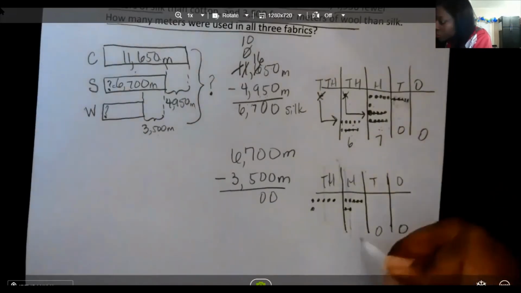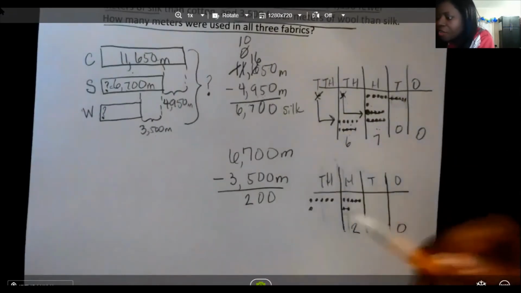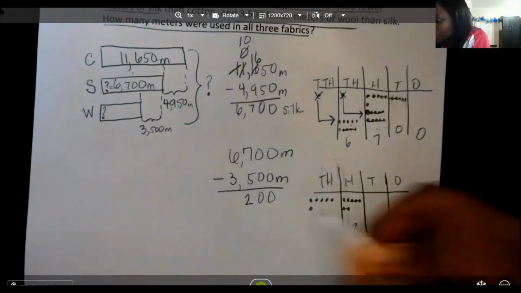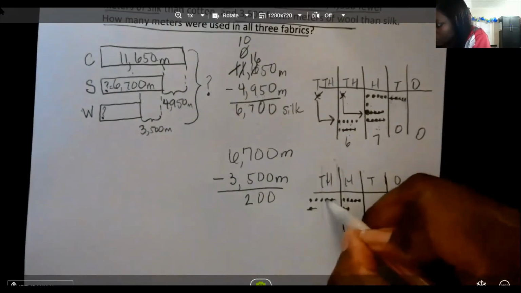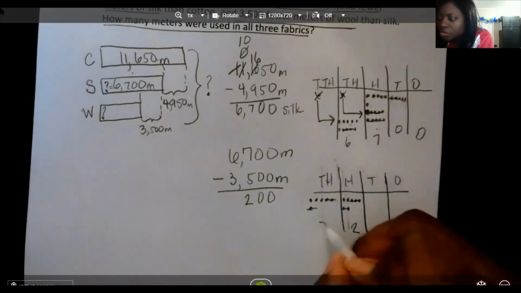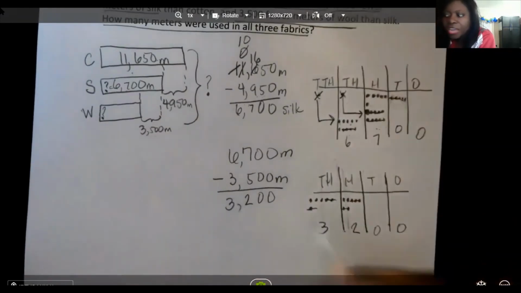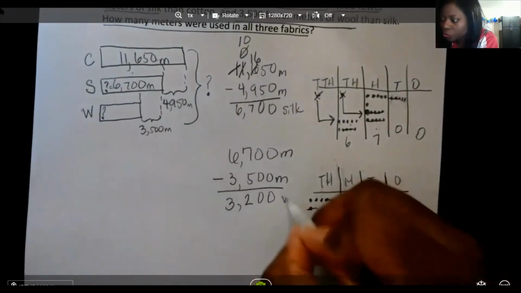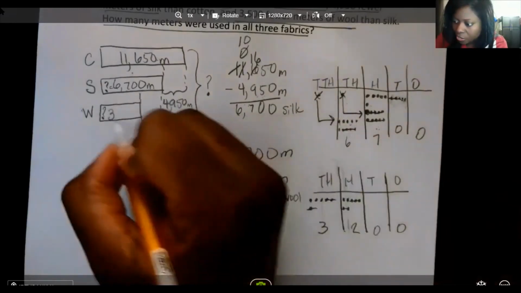So that's going to leave 200s. And then I have thousands from 6,000. So let's take that away. 1, 2, 3. That's going to leave me 3,000. So my answer for wool is 3,200 for wool. So I'm going to go ahead and write that in my tape diagram.